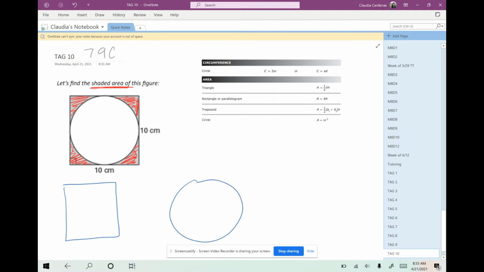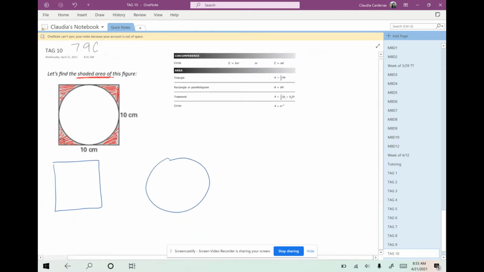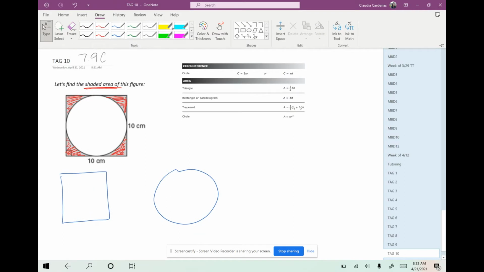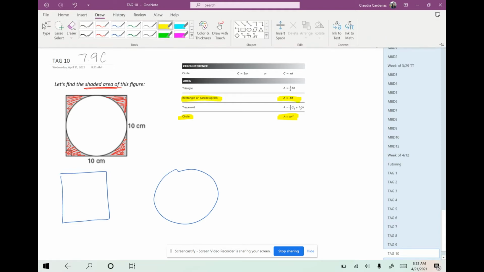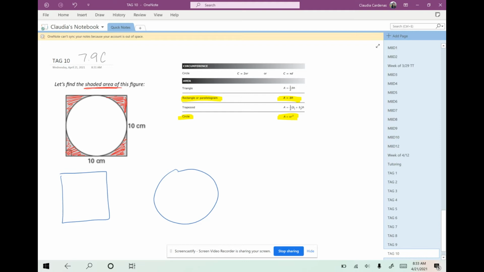So let's consult our reference chart to see what formulas we need. So we have our square drawn out and we have our circle drawn out. So I see that the area of a circle is pi r squared. That was for the last problem. And the area of a rectangle or a parallelogram is base times height. So remember, our square is multiplying the base and height together, and the circle is pi times the radius squared.